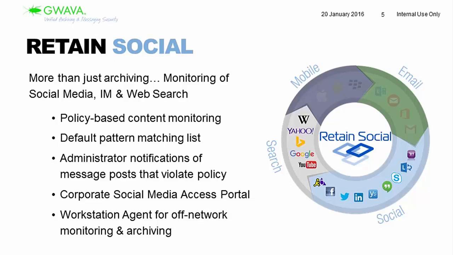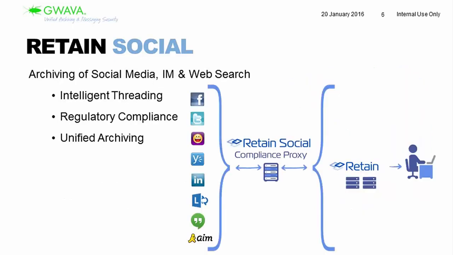Then it would also work as that proxy to be able to prevent things from being posted, and it will also push information to the Retain archive as well. And then, just a quick view of, like I was saying before, the traffic is routed through the Retain Social Compliance proxy and into Retain, and then, of course, your users, administrators, etc., can access that.